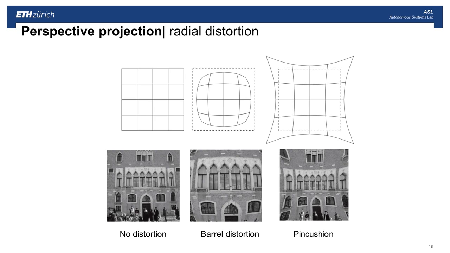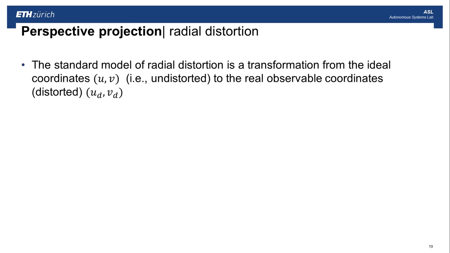Depending on the type of radial distortion, the coordinates in the observed images are displaced away from or towards the image center. These two types of distortion are called barrel distortion and pincushion distortion, respectively. The standard model of radial distortion is a transformation from the ideal coordinates, that is undistorted, to the real observed coordinates.